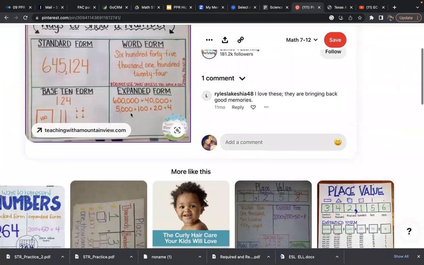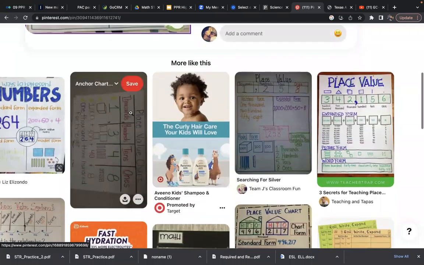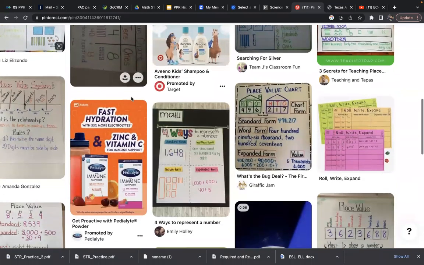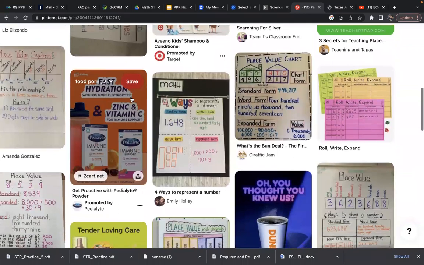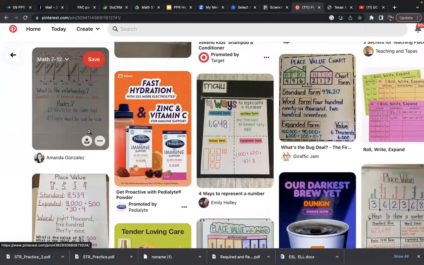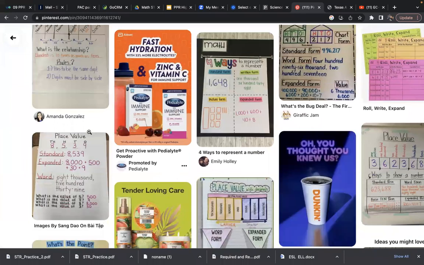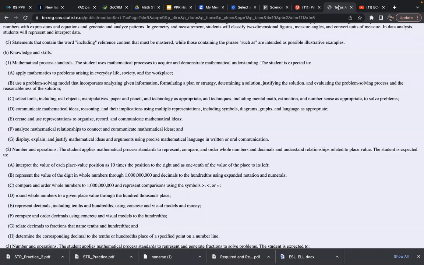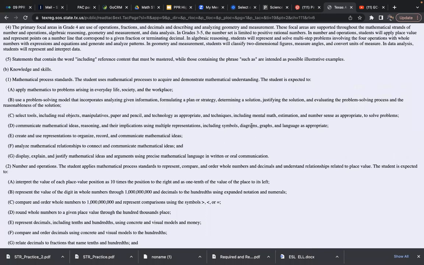They don't need to just do expanded form, they need to do expanded notation. That means we need to be able to do expanded notation.